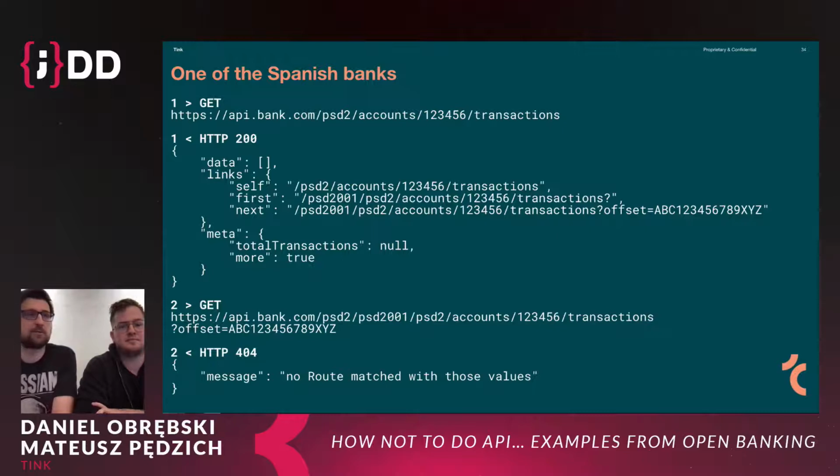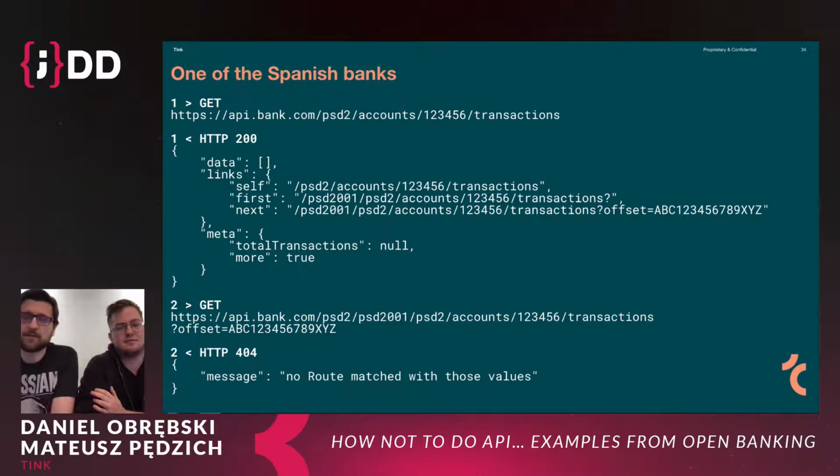Now we are moving to Spain. One of the Spanish banks is trying to follow HATEOAS, which is kind of interesting, but there are some issues with that. They provide a lot of links, self, pairs, and other relations in their responses. And one day we suddenly started receiving a lot of 404 errors, and we didn't know why.